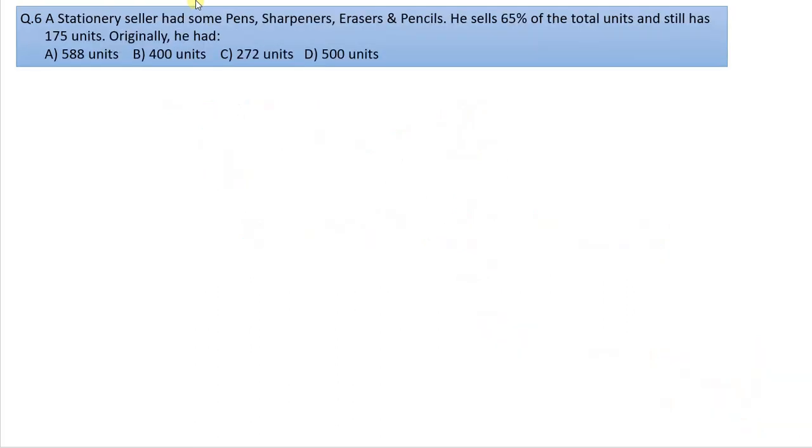And then in the last question, we have a stationery seller who had some pens, sharpeners, erasers, and pencils. He sells 65% of the total units and still has 125 units. Originally, he had how many? As the stationery seller sells 65% of his units, the total number of units remaining with him will be 35%.